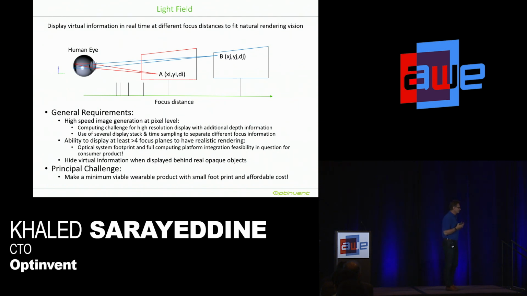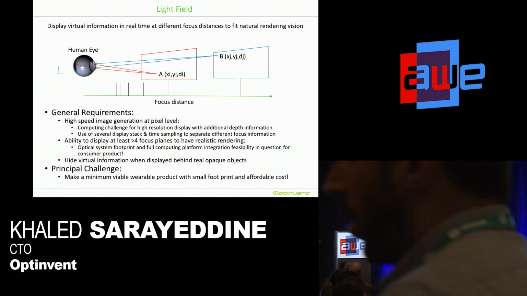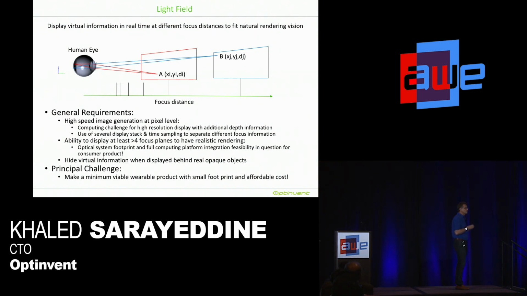Why? Because to have a really smooth transition for the eye, 2 is not enough. This is why the optical system, the footprint and the full computing platform should be integrated in a very small size. And for me, for the moment, it is not there for a consumer product.